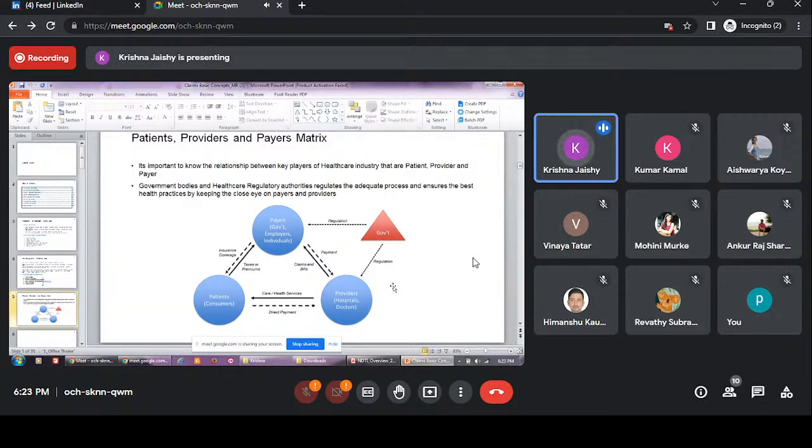Now these premiums are regulated. It's not that any company can charge anything in the name of premium. The government has made some guidelines, and according to those guidelines only, there can be some discounts here and there, but the ceiling should not be crossed.